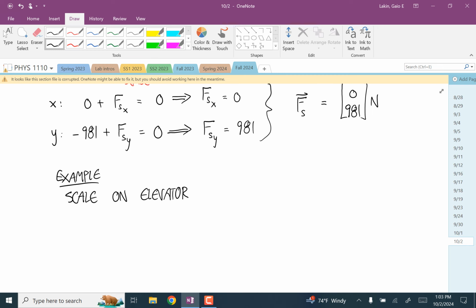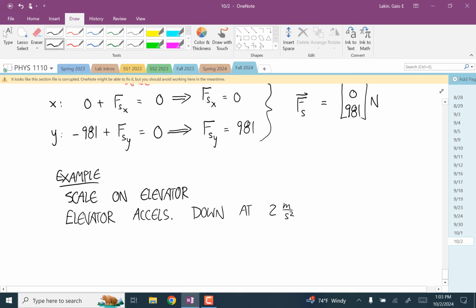So let's say that the elevator is accelerating down at 2 meters per second squared. What's the force applied to the man by the scale?